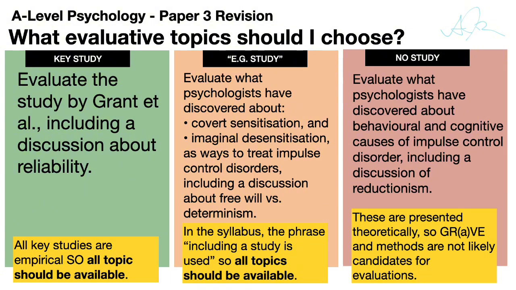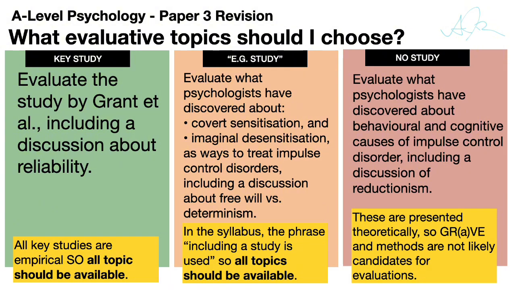If we know about behavioral causes of gambling, can we use that knowledge to counter condition gambling addiction or something like that? To summarize, there are 3 types of evaluative questions: key studies, EG studies, or no studies. I hope for most of your sake that it's either a key study or an EG study.